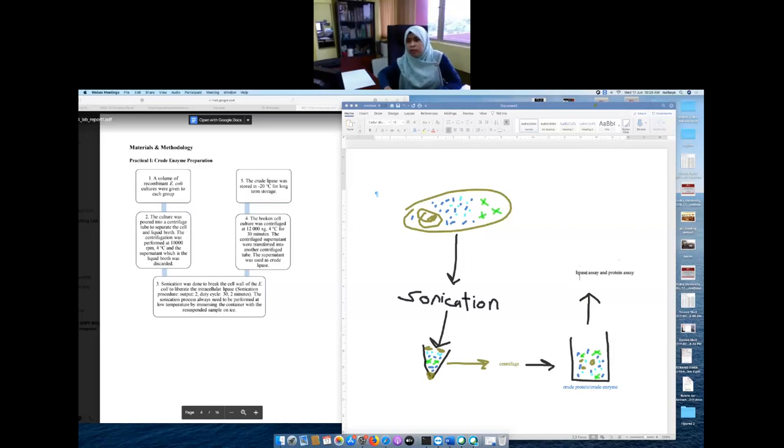These two assays: the lipase assay detects only the turquoise color, the light blue color. The protein assay will detect the light blue color and the dark blue color.